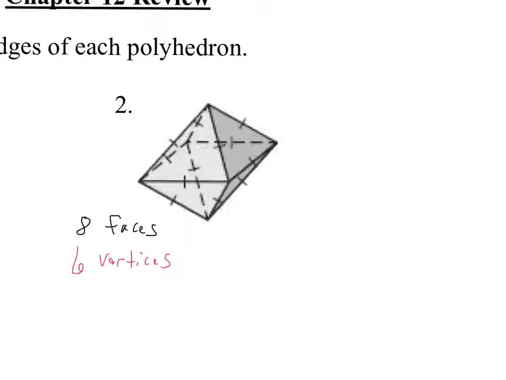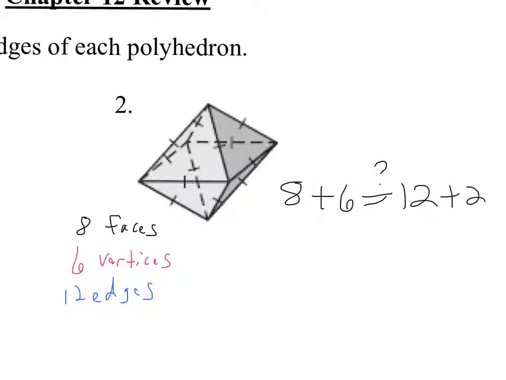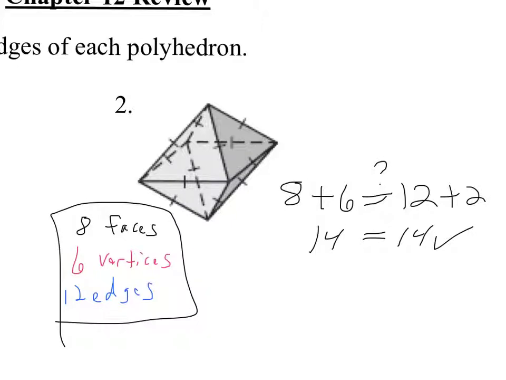We have 1, 2, 3, 4 along the bottom, 5, 6, 7, 8 along the middle, 9, 10, 11, 12 along the top. So 12 edges. And if we plug that into Euler's theorem, faces plus vertices, does that equal edges plus 2? 14 and 14, yeah, that works out. So I'm pretty sure that's the answer.